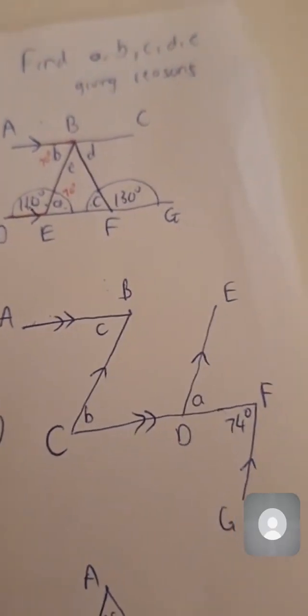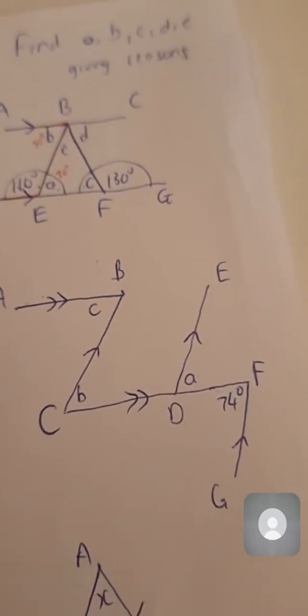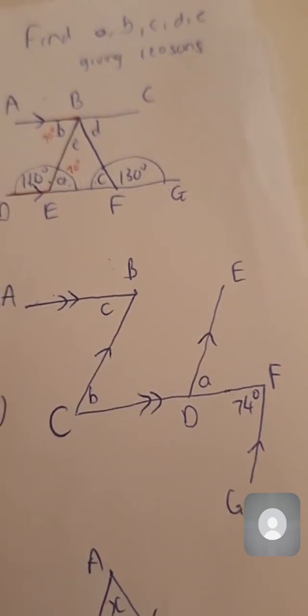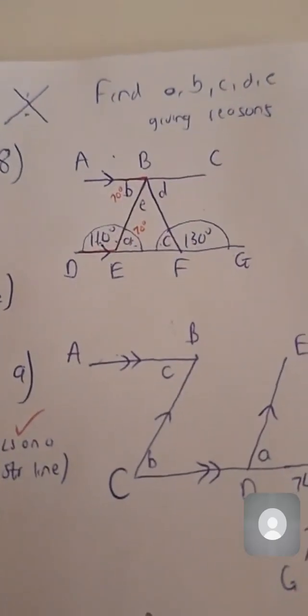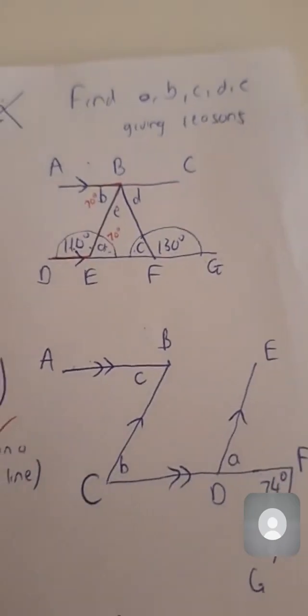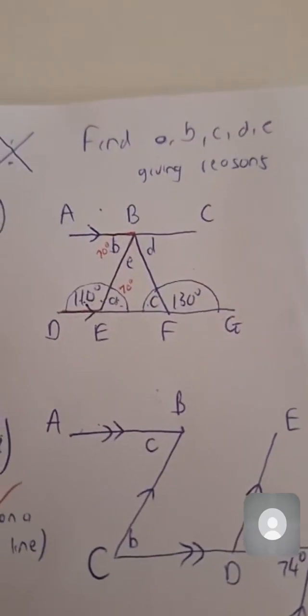So, hey, flower girl, I don't know if we can say that you are really great then. You're sure? I'm 100% sure. All right. So C plus 130 is equal to 180 degrees, angles on a straight line.